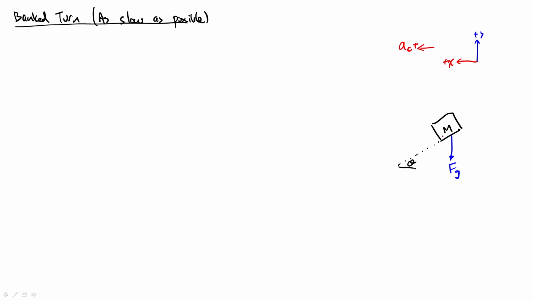Okay, so if we're driving as slow as possible, then the friction will be going up the ramp as we're slowly gliding down the ramp when we come to a rest, right? So the force of static friction will be pointing up. The normal force, as mentioned before, is always perpendicular to the ramp, and that's why it's at this weird diagonal. Fg is already broken down to its vertical component.